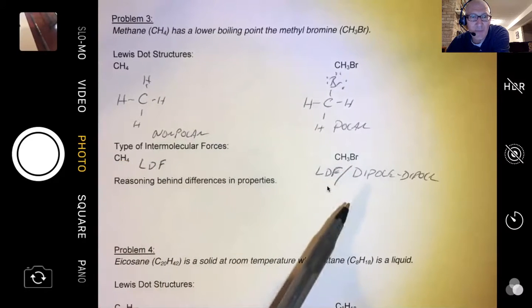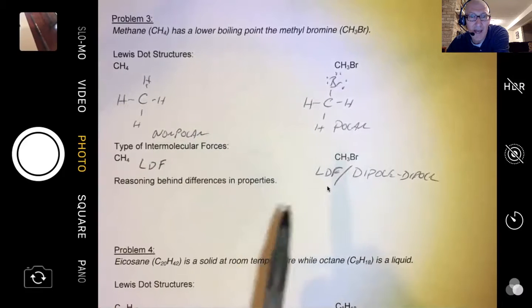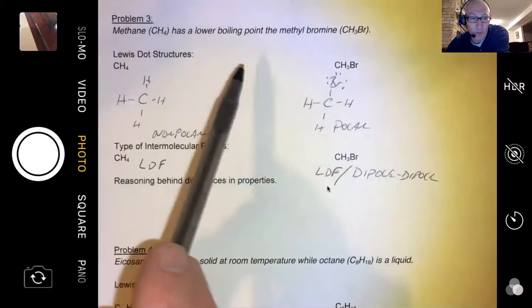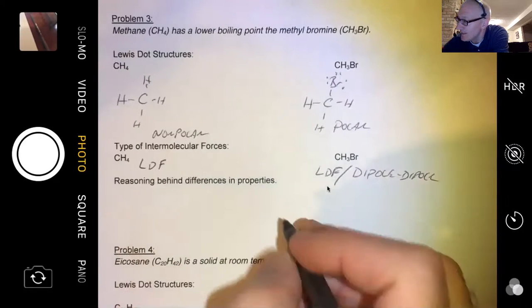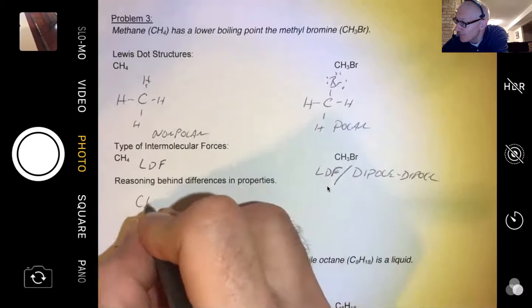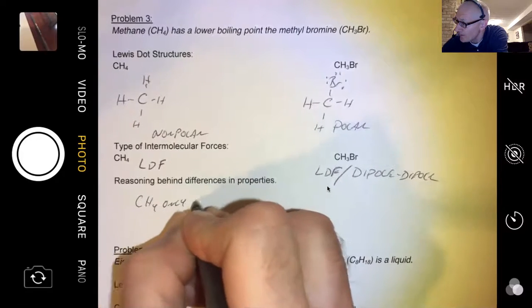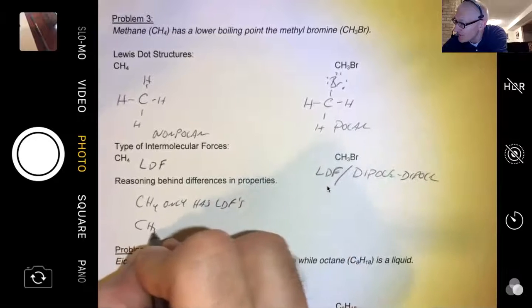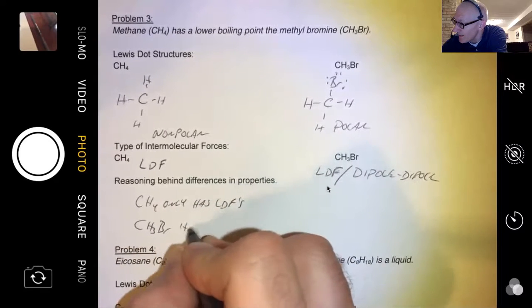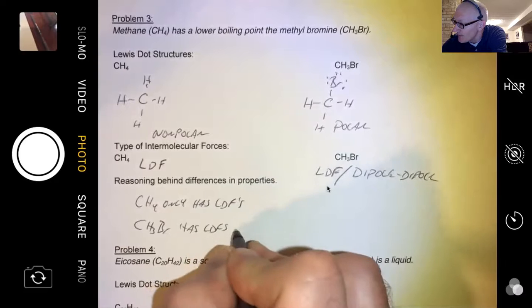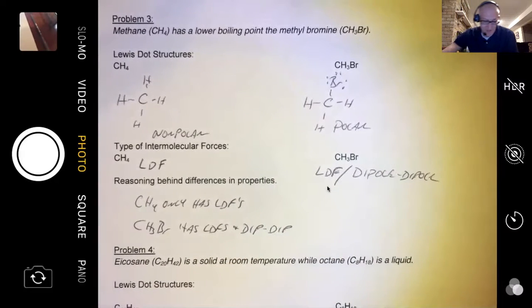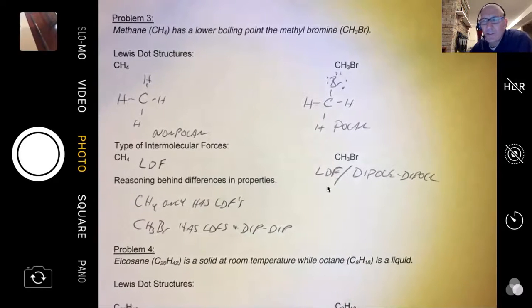So CH3Br should have the higher boiling point, which means methane has the lower boiling point. So the reason is CH4 only has LDFs, CH3Br has LDFs and dipole. So hopefully going over these is good for you guys and is making some sense of this relatively tricky topic.